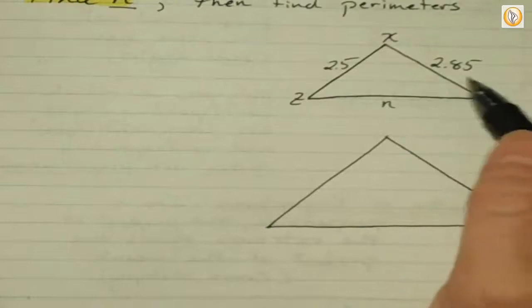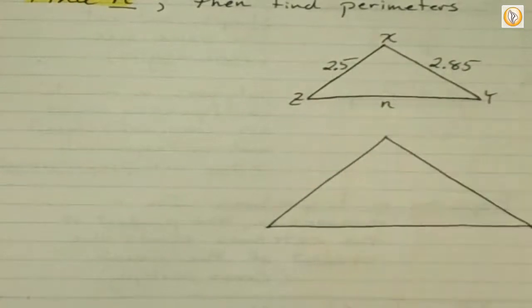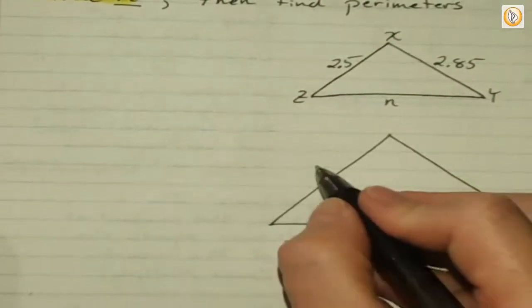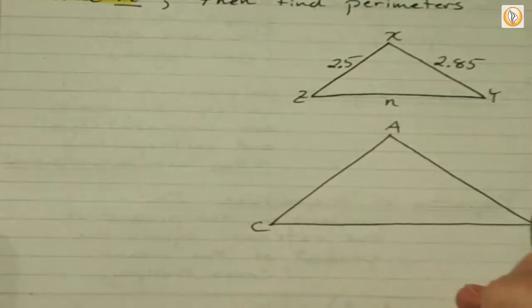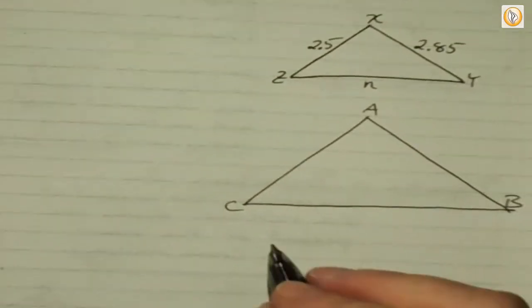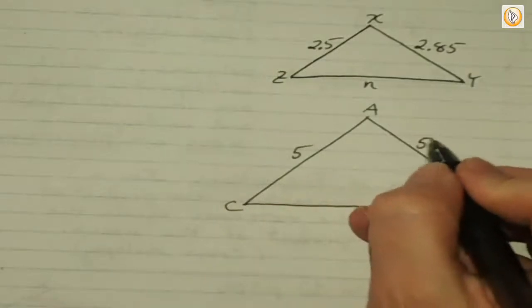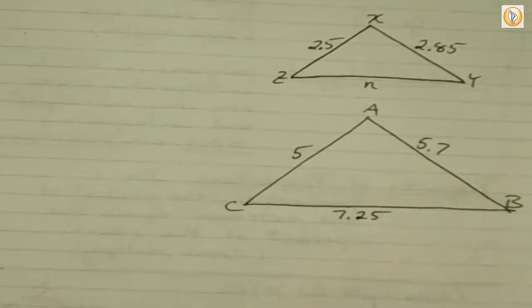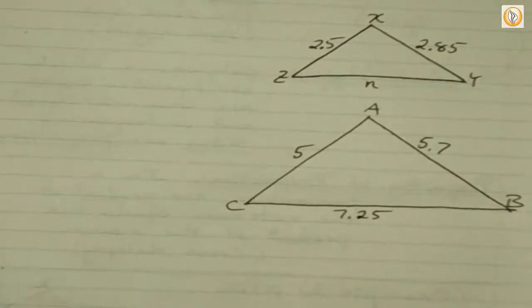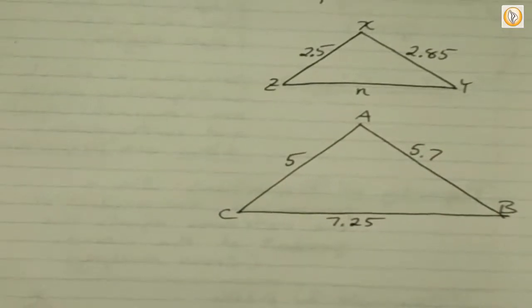I didn't just come up with 2.85 out of my head. They gave it to us. And then over here, I have A, C, and B. They have 5 here, 5.7 here, and 7.25 there. Okay, I have drawn my similar triangles.